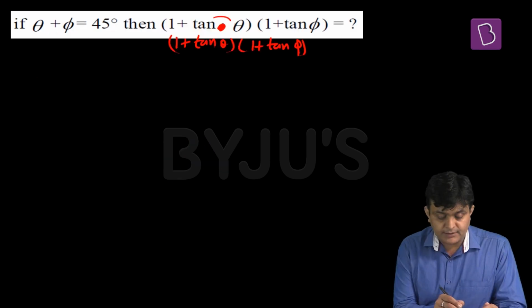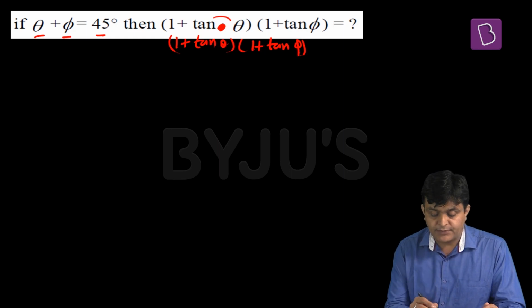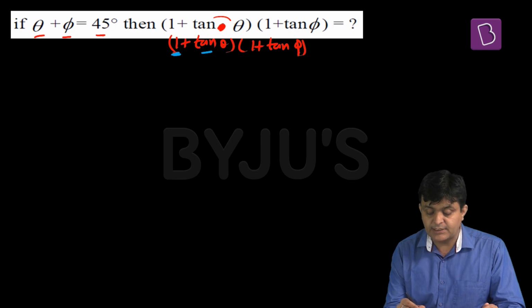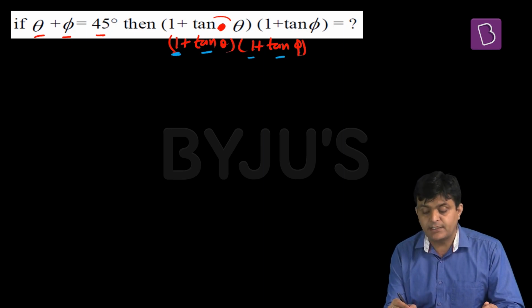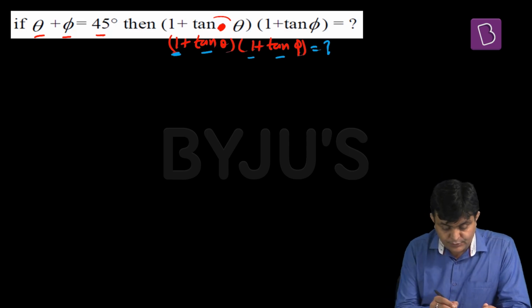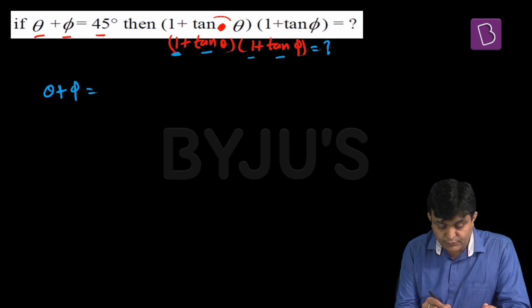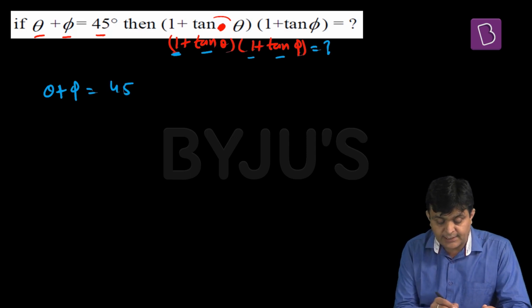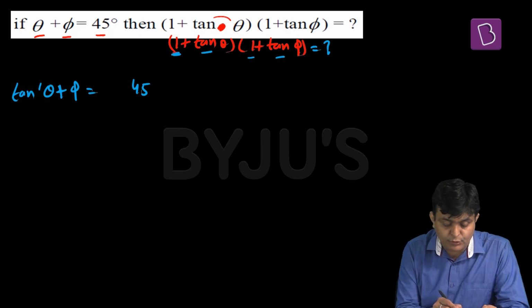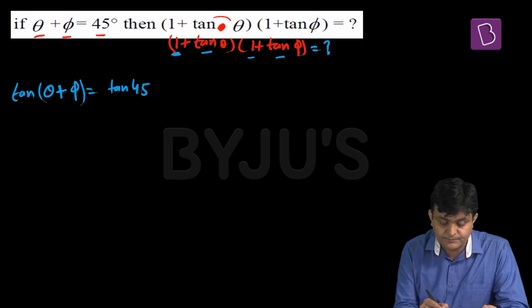If theta plus phi is 45, then 1 plus tan theta bracket 1 plus tan phi is equal to what, right? So let theta plus phi is equal to 45. We need tan. So operate tan on both sides, right? Now this is a plus b, tan a plus b.